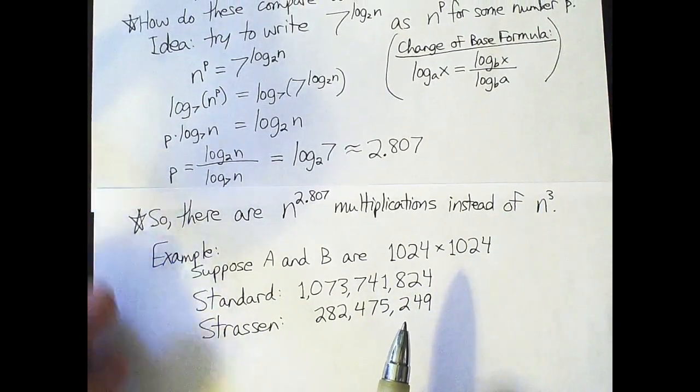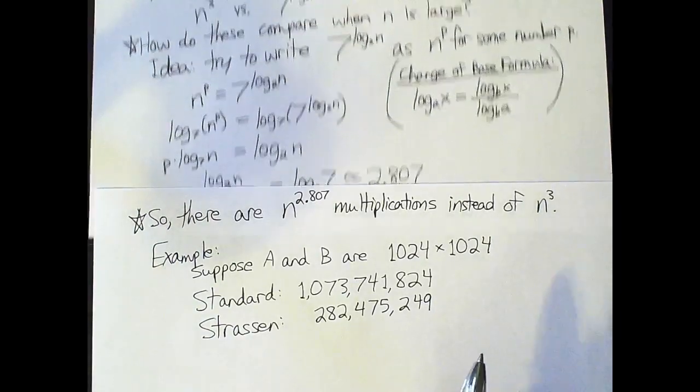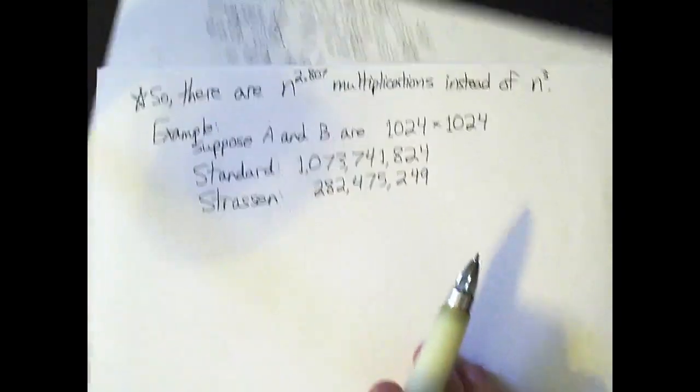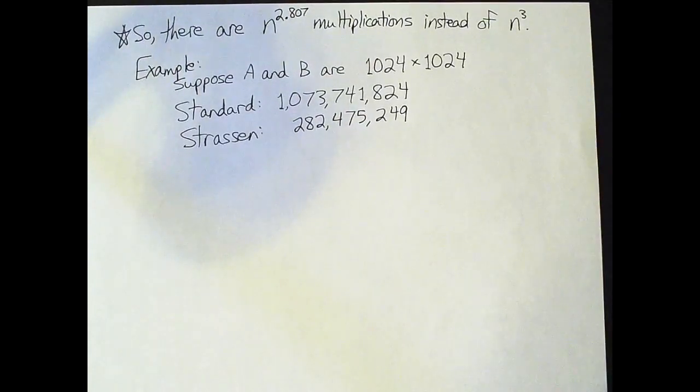We started to write a little table. You know, we had n equals 2, n equals 4, n equals 8. Well, I guess you could add this to the table for n equals 1024. This is where we really start to see the payoff. So Strassen's method would do vastly fewer multiplications to solve the problem.